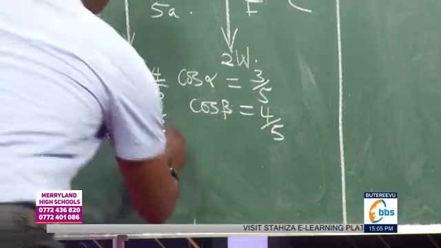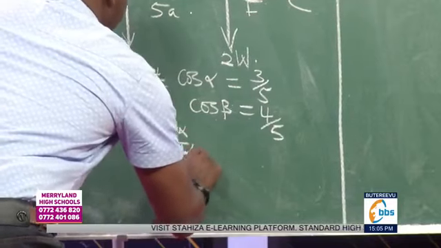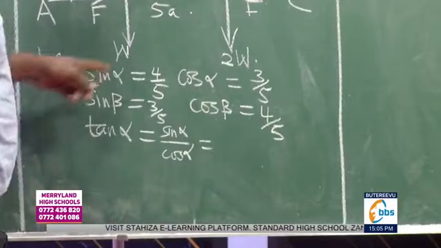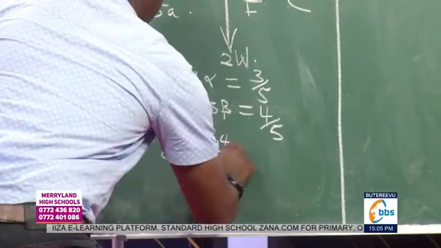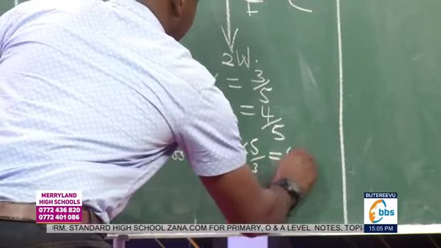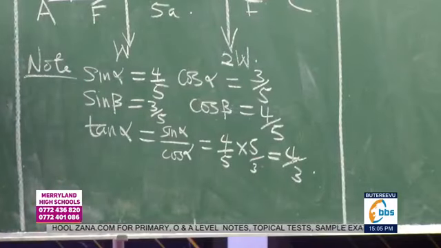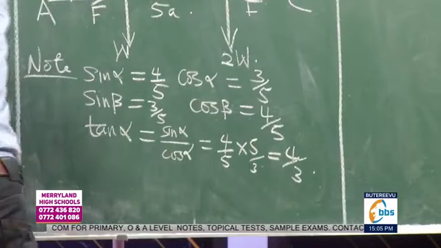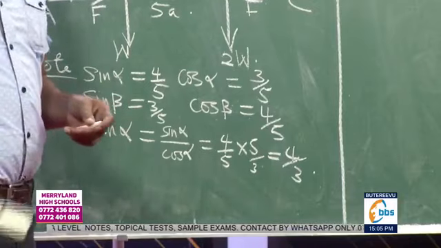Eventually, tan of alpha being equal to sine alpha over cos alpha will be 4 over 5 times the reciprocal, which will give us 4 over 3. We will need these quantities, and that is why I am showing you the quantities over here.